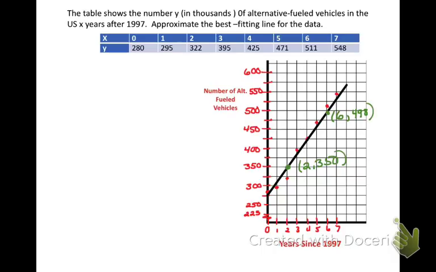Now this is where when you approximate a line of best fit, your line of best fit might be a little bit different than the person next to you because you're choosing 2 points that fall on that line. But what is important is you must choose 2 that fall exactly on that line. So to find the equation, you need your slope and your y-intercept. So pause the video and calculate the slope between these 2 points and then press play to see if we agree.